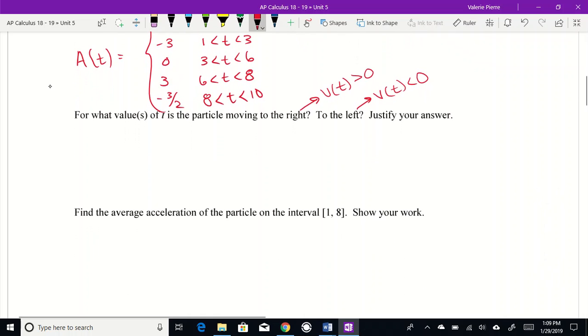Also, find the average acceleration of the particle on the interval 1 to 8. Remembering that average acceleration is v of a minus v of b all over a minus b, where a is 1 and b is 8, do this problem also on your own.